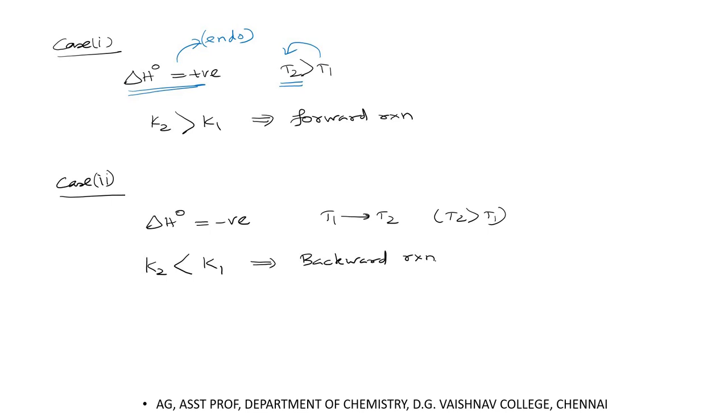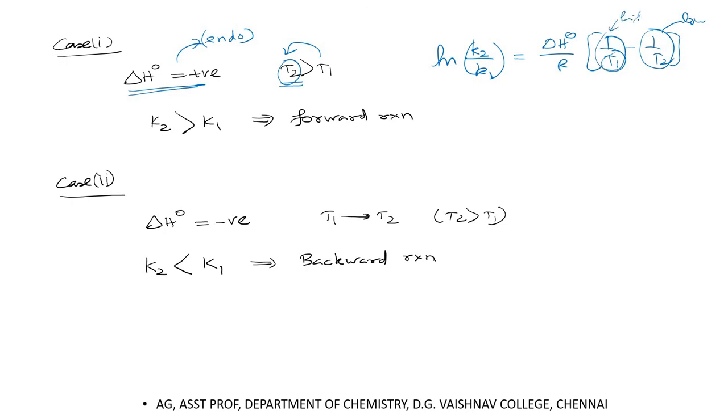In this case, if you observe the equation carefully, I'll write the equation here: ln K2 by K1 equals delta H naught by R into 1 by T1 minus 1 by T2. Now the final temperature is high, therefore 1 by T2 should be low, because T2 is high. T1 is a lower value, so 1 by T1 is high.